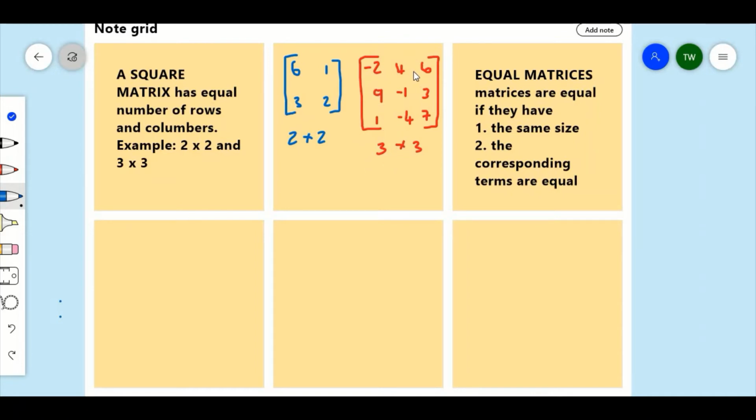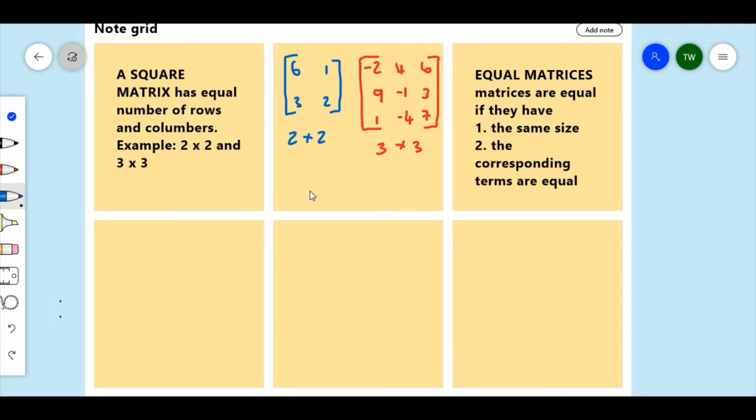It has 3 rows and 3 columns. So once the number of rows is equal to the number of columns, then it is a square matrix. So a 4 by 4 matrix would be a square matrix. A 5 by 5 matrix would be a square matrix. A 1 by 1 matrix would be a square matrix.